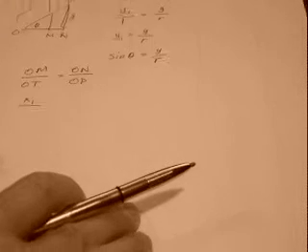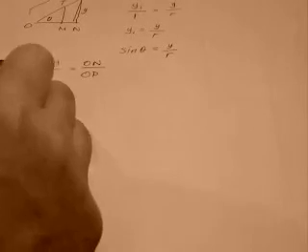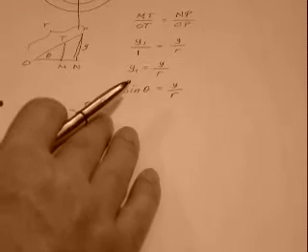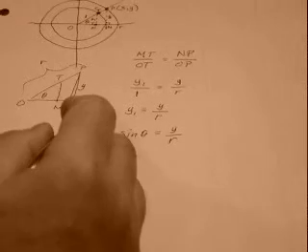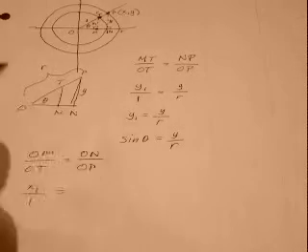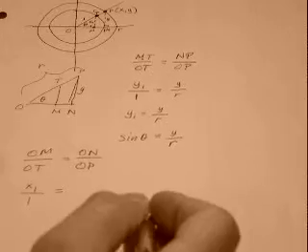Alright, so OM is X1. OT, what's OT? That would be this distance, or the radius of the unit circle, which is 1, equals ON. ON would be here to here. That's this distance, which is actually not Y, but X, on point P. So that's X over OP.